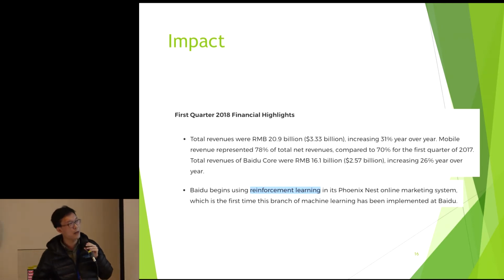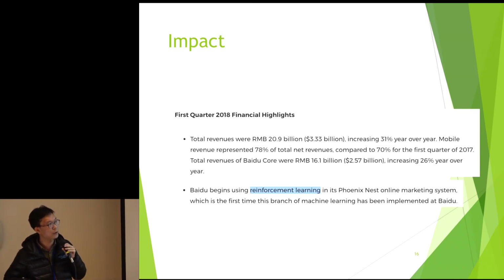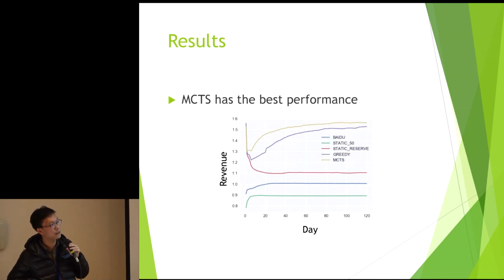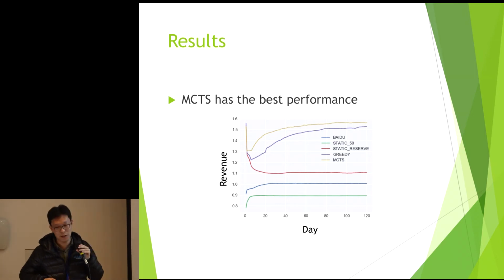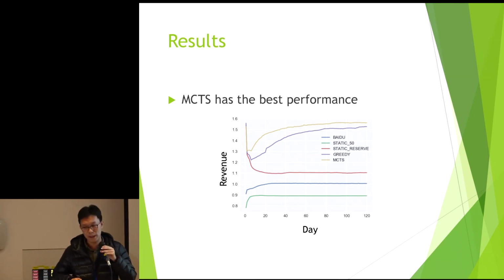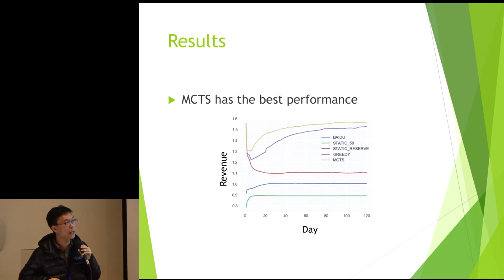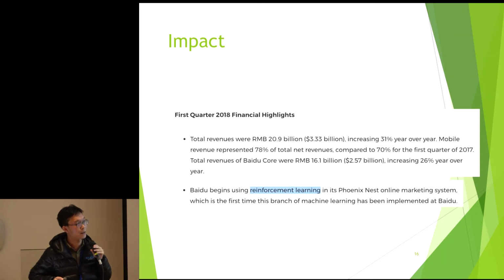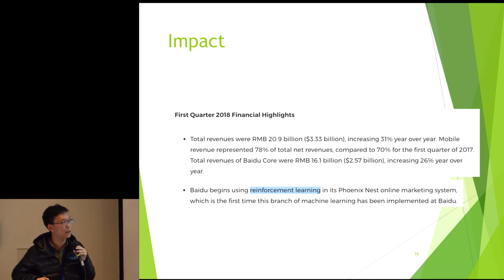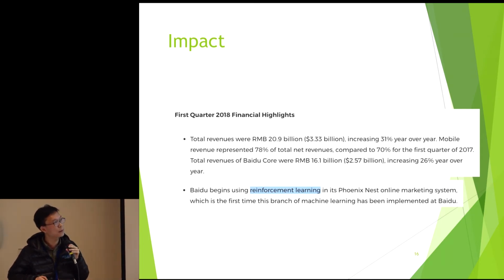Of course, I believe that Baidu is not using the exact same policy we're using here because this policy is very, very aggressive. But anyway, it has been adopted and is apparently useful.